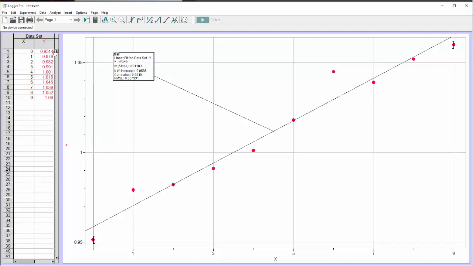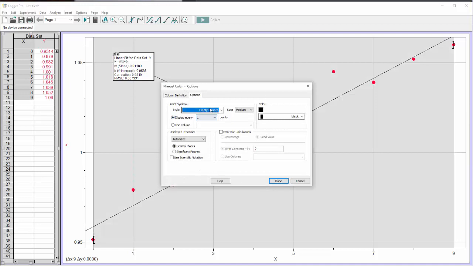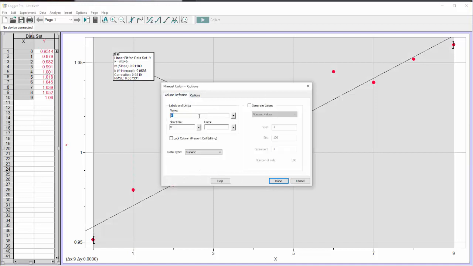I'm going to go over here to this organizing chart and double click on X. And I want to fix what I'm calling X. So in this dialog box, I'm going to click the tab that says column definition under name.